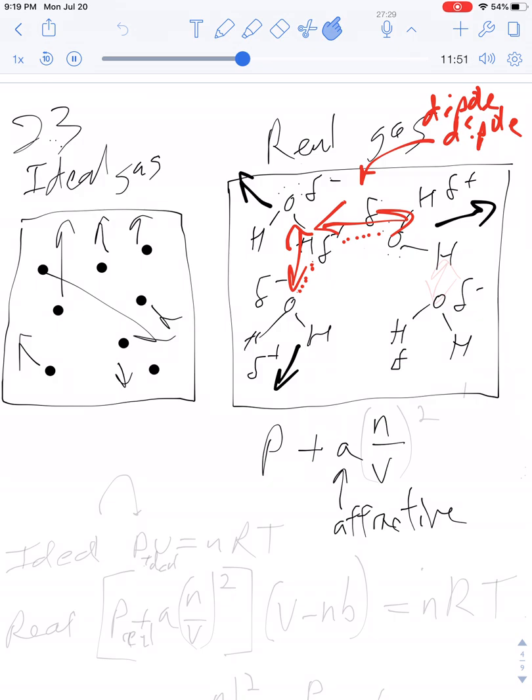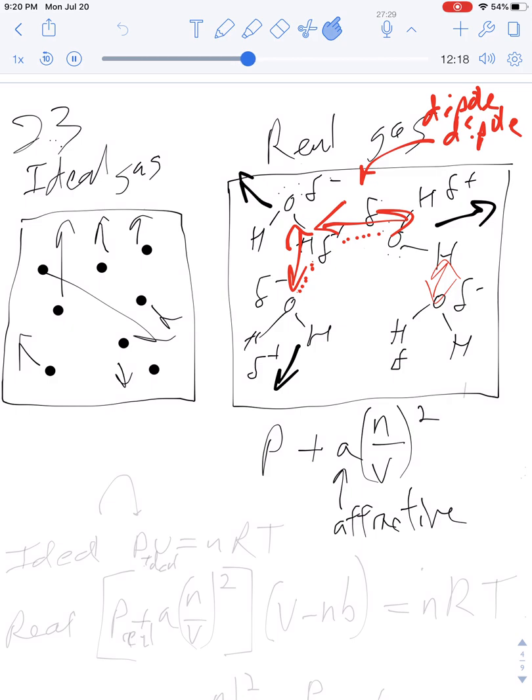V is the volume. And because the attraction is mutual, as you saw, I wrote a double-headed red arrow. I didn't just say this one is attracted to that one. They are attracted to each other. The attraction is mutual. And so the force of the attraction gets squared. Okay?